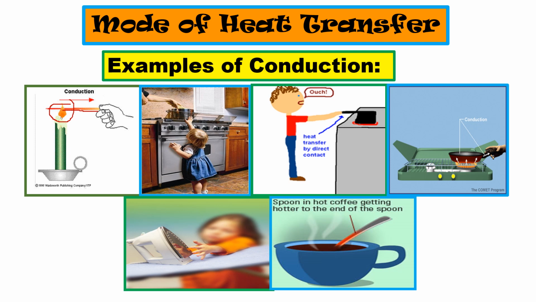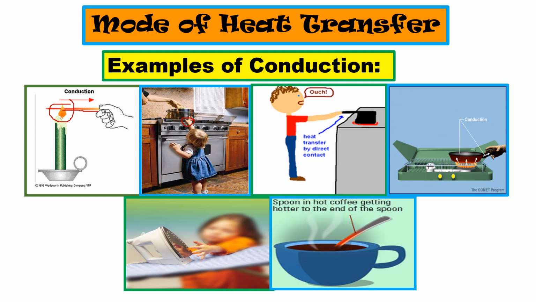Another one, itong baby, hinawakan niya itong pot. Mas mainit yung pot compared doon sa hand ng baby. So there is a difference in temperature. Ang tendency, yung init will transfer from the pot going to the hands of this baby.